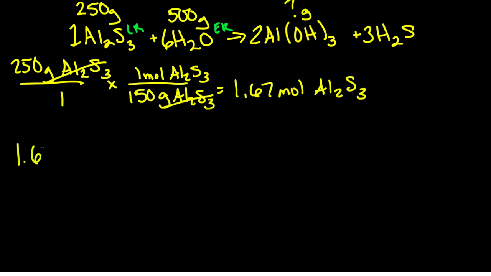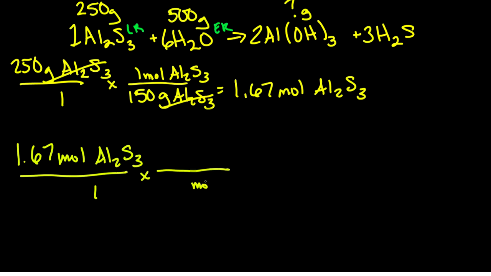So 1.67 moles of aluminum sulfide over 1. I'll put moles aluminum sulfide on bottom. I'm changing that to moles of aluminum hydroxide. Now I need my balanced equation. There's 1 aluminum sulfide for every 2 aluminum hydroxide. So this is 2, that's 1. So this will cancel out my moles of aluminum sulfide.